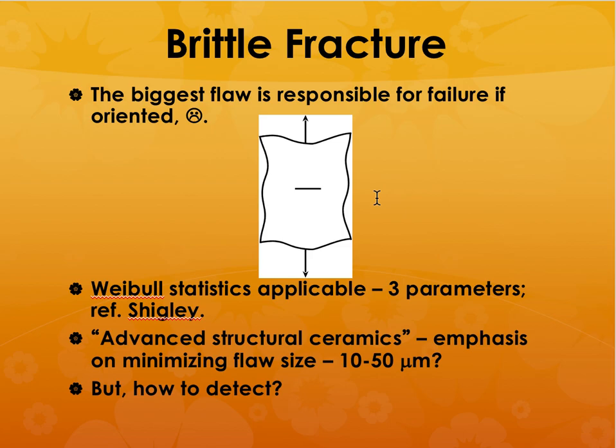And how you get it is you take several samples, say 10 samples. Okay, you take those 10 samples, you break all of them, and you rank the failure stress of all those 10 samples from low to high.